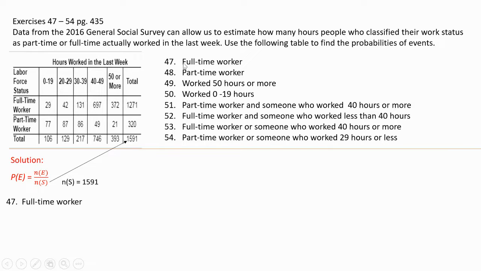So for 47, a full-time worker. A full-time worker is right here. So how many are a full-time worker? 1271. So the probability of a full-time worker is going to be 1271 over 1591, which will be approximately, they want you to round off to about 4 places, 0.7989 is your answer.